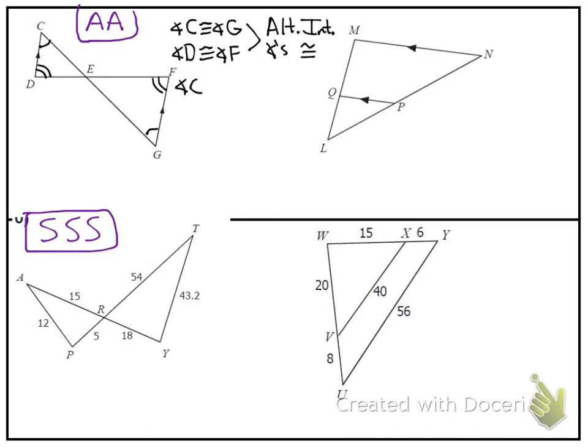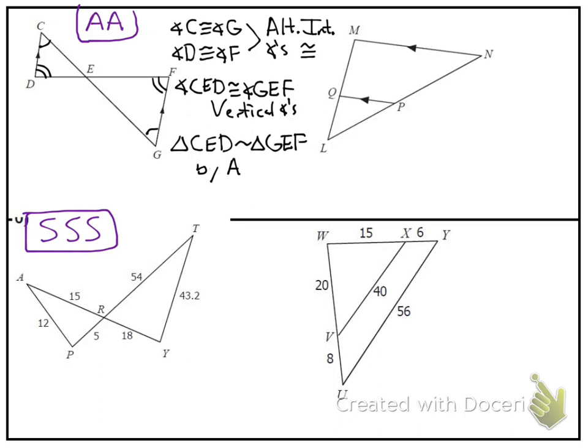So that would have been angle CED is congruent to angle GEF because they are both vertical angles. And vertical angles are congruent. Actually, 2 of those 3 would have worked. That would have been the minimum to meet that triangle CED is similar to triangle GEF by angle, angle. You only need 2.